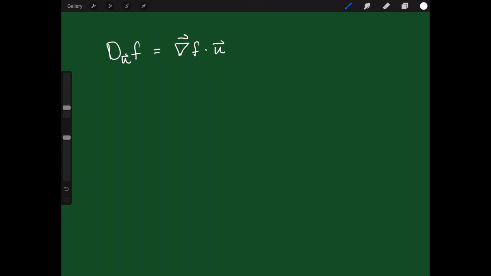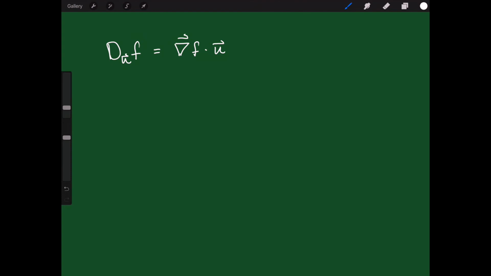Now when I dot two vectors, what is it that I get? Well, ultimately I get a scalar, right? I get a number. It's not a vector anymore when you dot two vectors together. We know this from previous work.